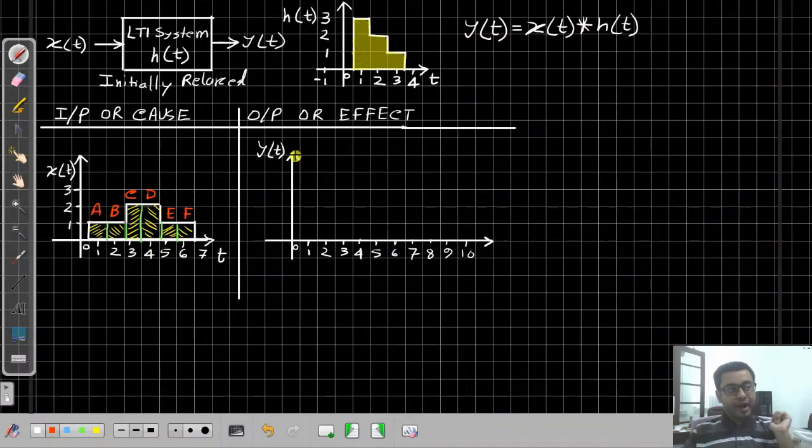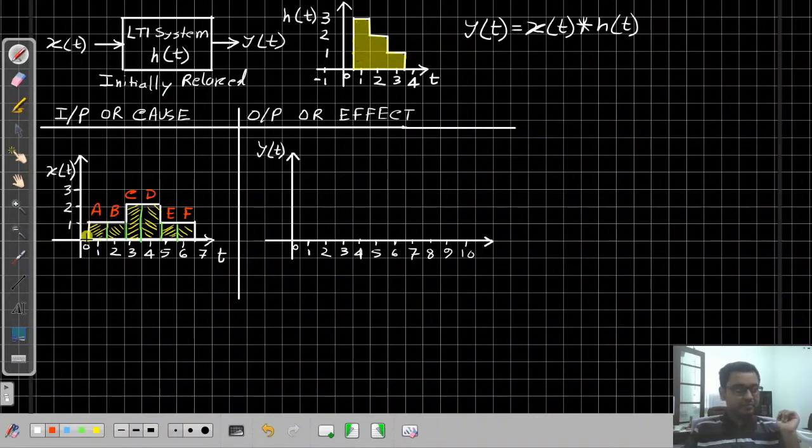Now to find the output corresponding to this input pattern, what we shall do is find the output corresponding to these individual slices and then add those outputs. So let us do that.